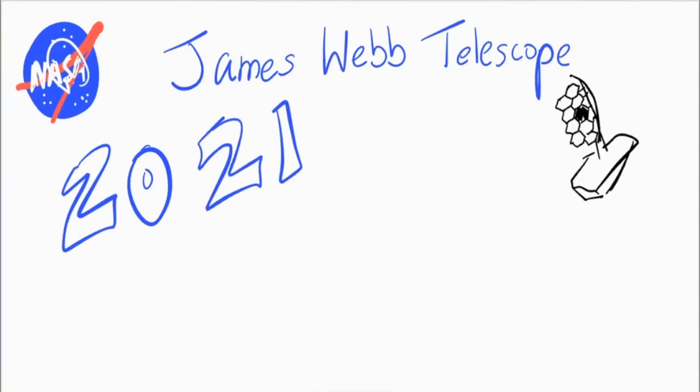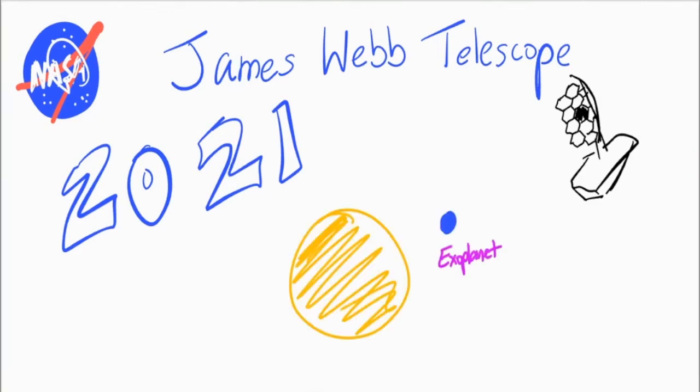And this telescope's going to be in orbit around the Earth, and it's going to look at other stars, and especially stars with exoplanets, planets not part of our solar system. And the James Webb Telescope is going to wait for this planet to move in front of its star, almost like an eclipse, but it's called a transit, and it's going to allow some of that starlight to go through that planet's atmosphere.